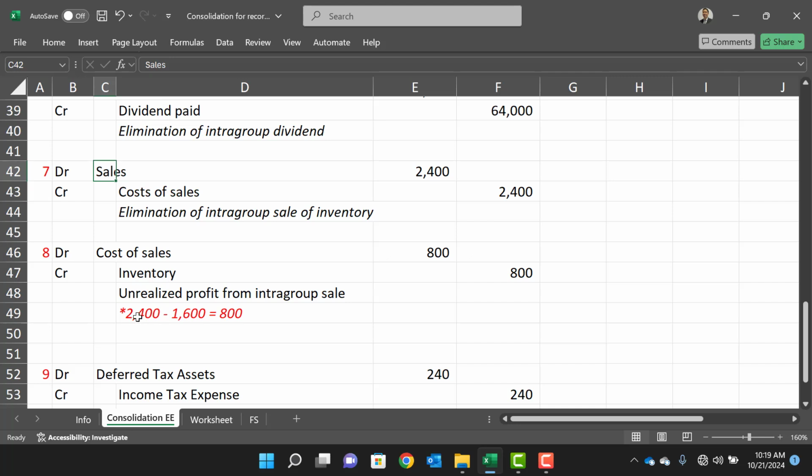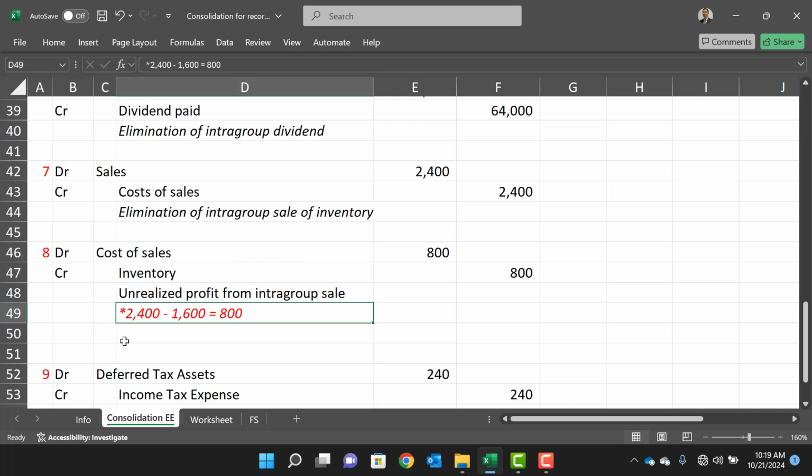You have 2,400 kina here less 1,600 kina. So where did we get this? This is the cost charged by Courage. That is the cost of the inventory as per Courage inventory. 2,400 kina is the amount that was charged to Strong Company by Courage Company.